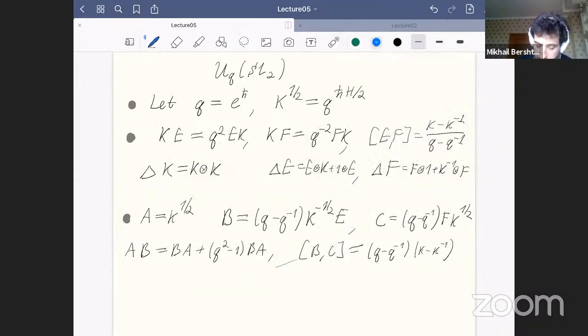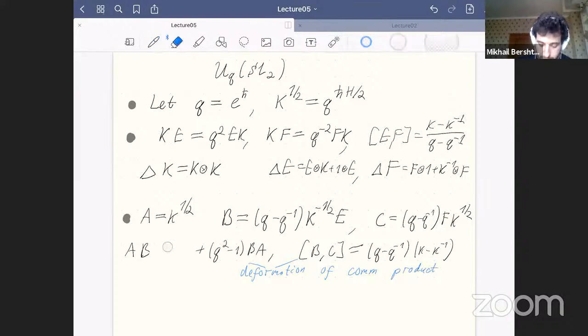I'm saying that if we consider the limit where Q goes to 1, H goes to 0, then all the commutators become 0. So you see, we actually get a deformation of the commutative algebra, a deformation of the commutative product.